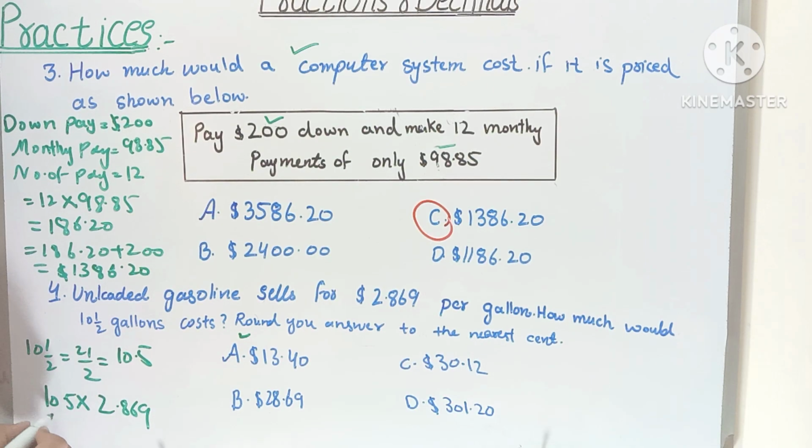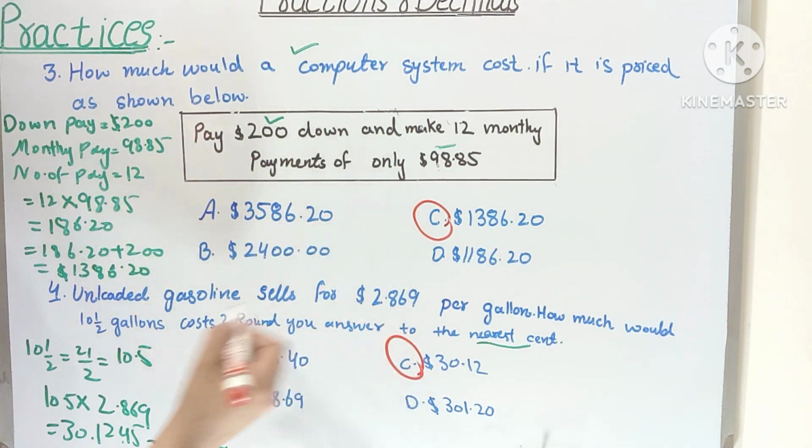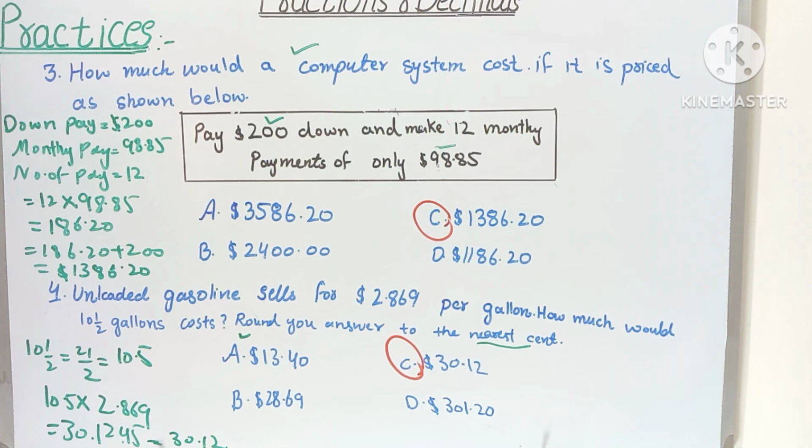So my answer is 30.1245. My question demands the nearest cent, so 4 is less than 5. So my answer is 30.12. It corresponds to option C, $30.12. The total 30.12 is the total cost.